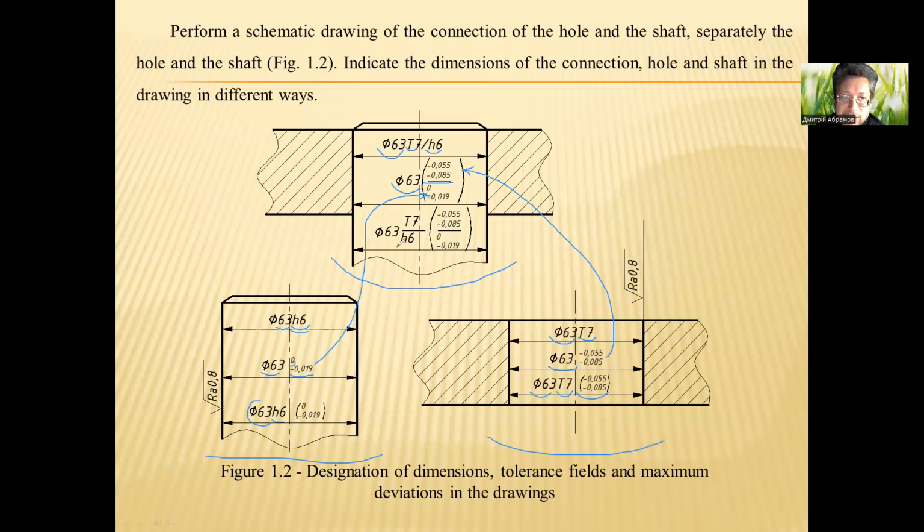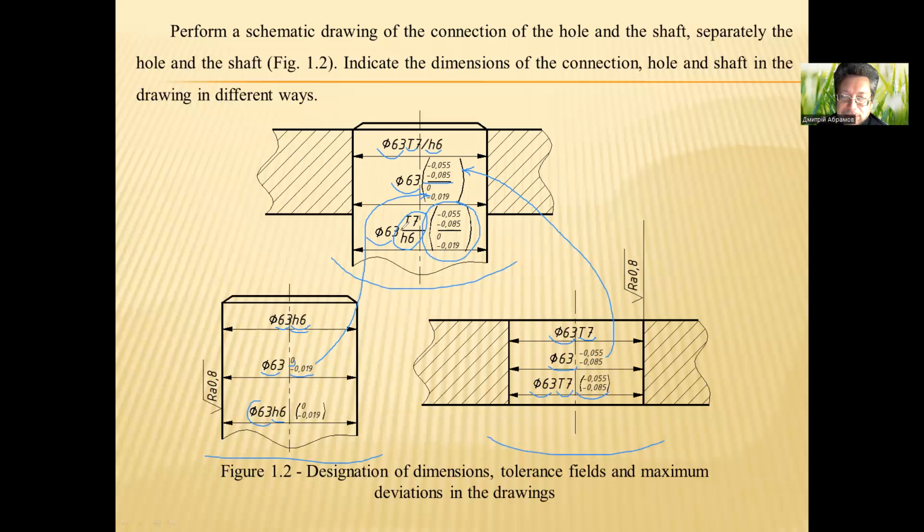And the third variant of the diameter designation: nominal diameter, tolerance fields of the hole and of the shaft, and deviations of the hole and of the shaft.